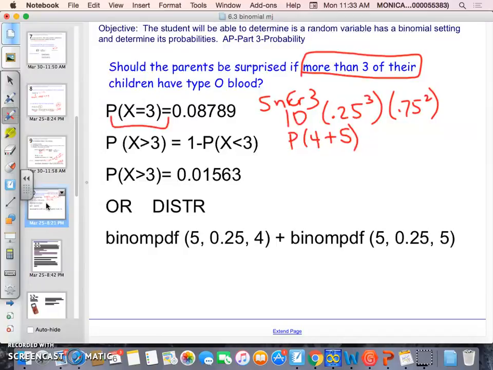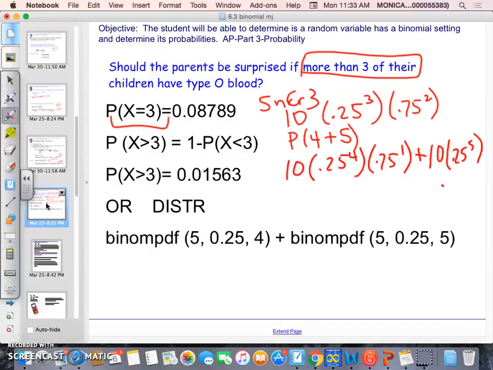So you would type in 10 times 0.25 raised to the 4th, times 0.75 raised to the 1, plus 10 times 0.25 raised to the 5th, times 0.75 raised to the 0, excuse me. You would add all that up, and you would end up with 0.01563.